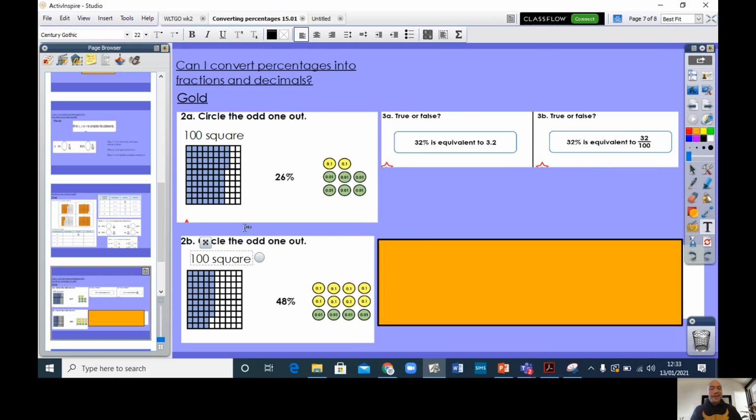I'm not saying that's the answer, not at all, but if you think that is the answer, just write 100 square. Then if it's one of these two, you can just write it. Pause the video and have a go at gold.